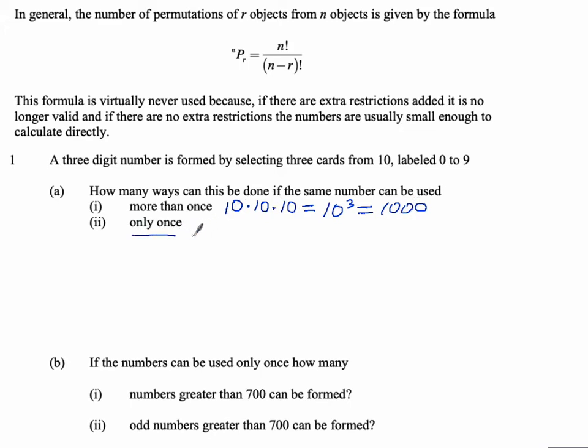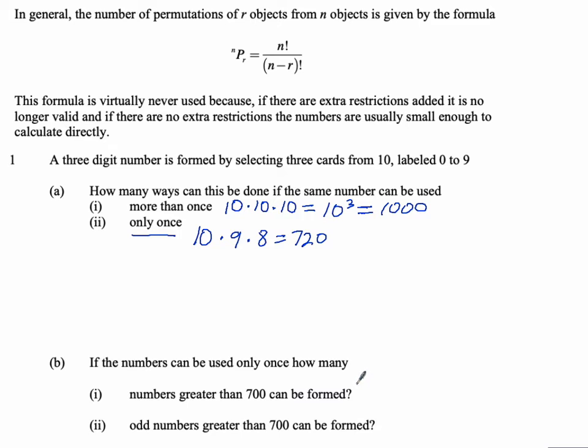Okay, so if you got a 3-digit bicycle combination, this is the number of combinations. If each number can be used only once, then you got 10 choices for the first one, 9 choices for the second one, and 8 choices for the last one. So that's 720. Okay, let's look at the next example here. If the numbers can be used only once, how many numbers greater than 700 can be formed?